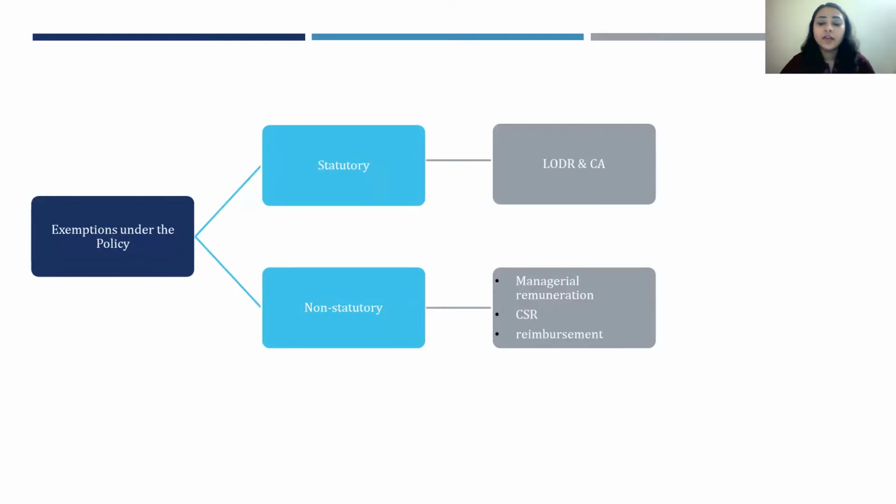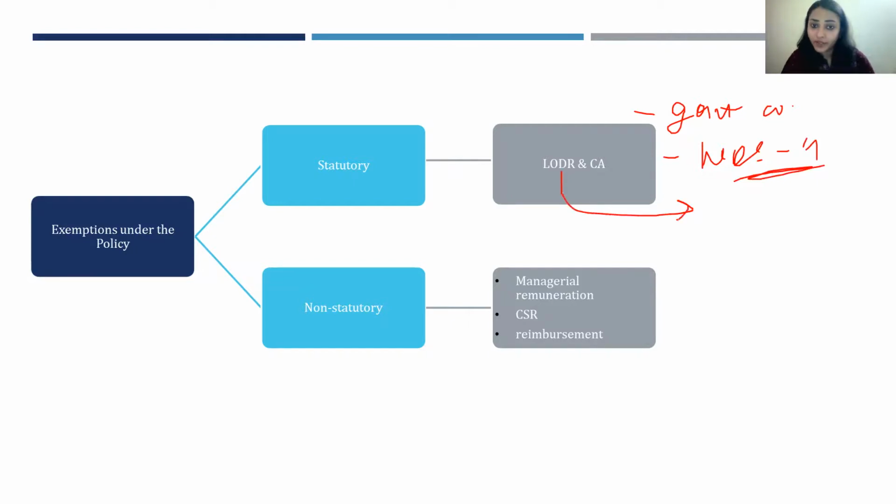Both provide that approval will not be required in case RPTs are between two government companies, or between a holding company and its wholly owned subsidiary whose accounts are consolidated. Under LODR, one more addition is RPTs between two wholly owned subsidiaries whose accounts are consolidated at the holding level. Between these two wholly owned subsidiaries, no approval is required.